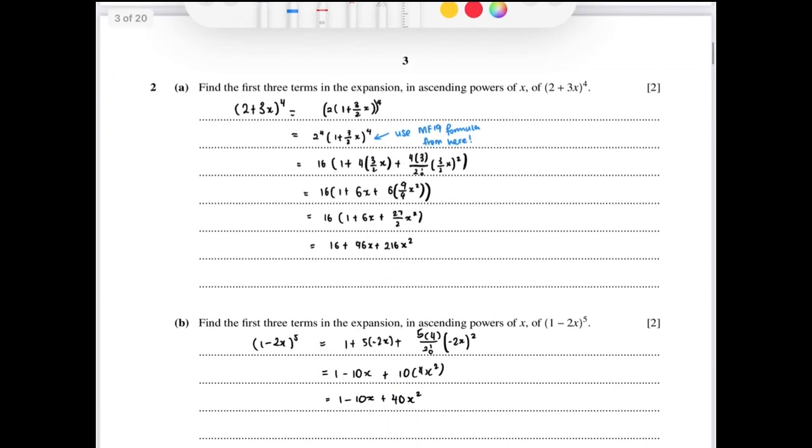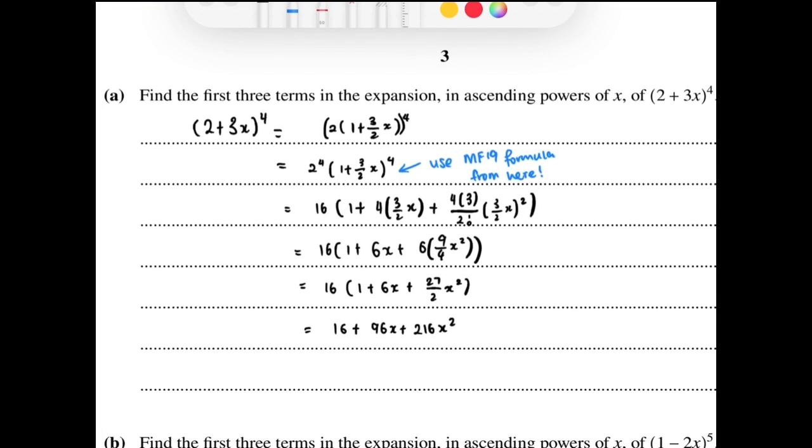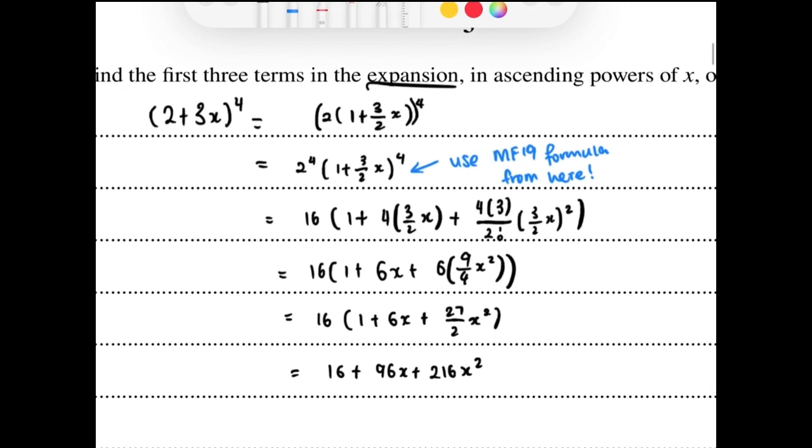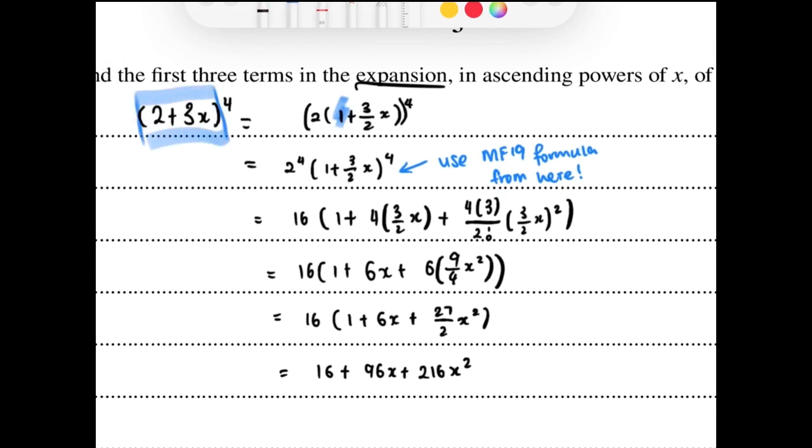Okay, let's move on. Find the first 3 terms in the expansion in ascending powers of x of 2 plus 3x to the power of 4. So when you face these kinds of expansion questions, you would want to first factorize out anything that's not giving you a 1 in this position. Over here you can see there's 2 plus 3x.